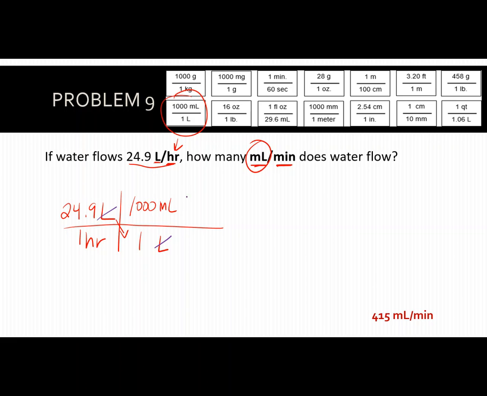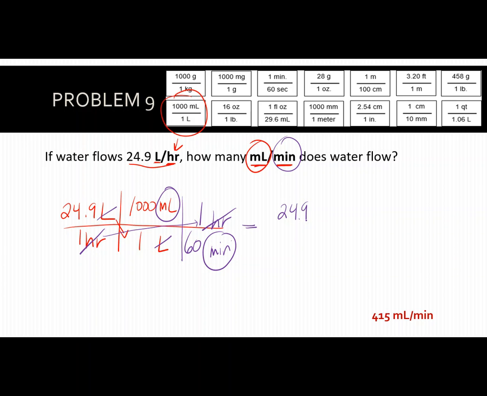Very good. If I keep going on my track though, now I need to put the hours up here to get rid of the hours. And I want minutes, so minutes are going to go on the bottom. 1 hour equals 60 minutes. I have it all set up and I'm ready to go. The hours are going to cancel with the hours. I have milliliters per minute, which is what I want.